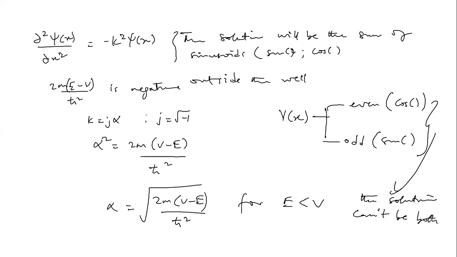And then we already know, based on the boundary conditions, that the wave function and the first derivative of the wave function must be continuous across the boundary.